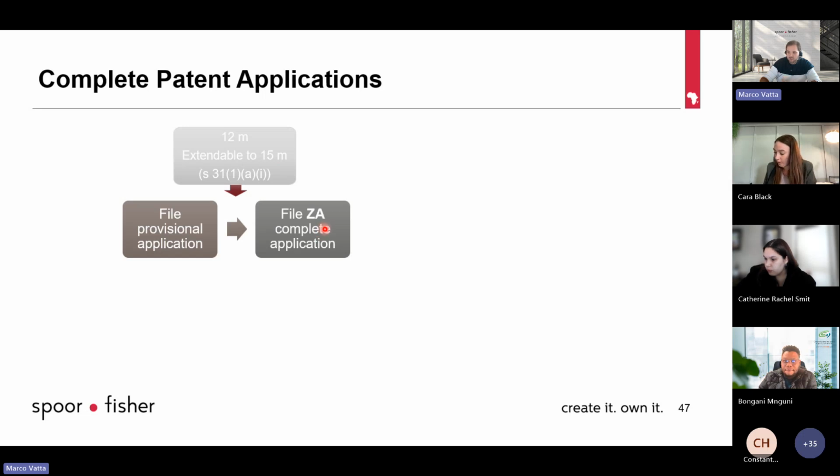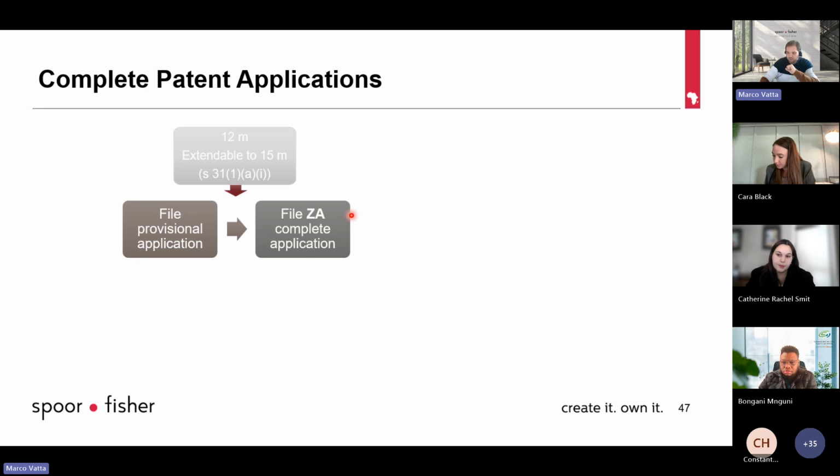But very importantly, this is only applicable in South African instances. So where the provisional application was filed in South Africa, and you are then filing a South African complete. So it's only applicable to South African applications.